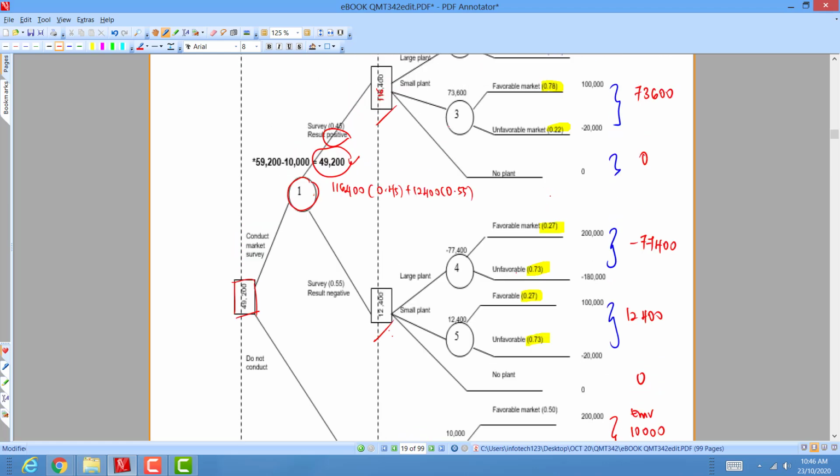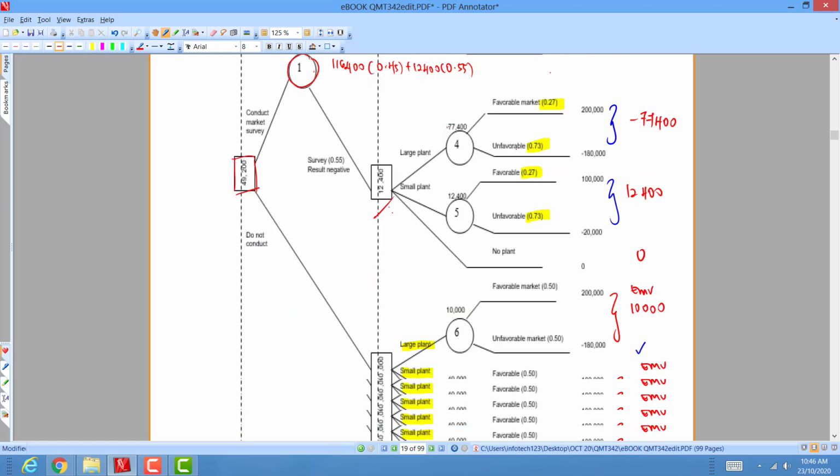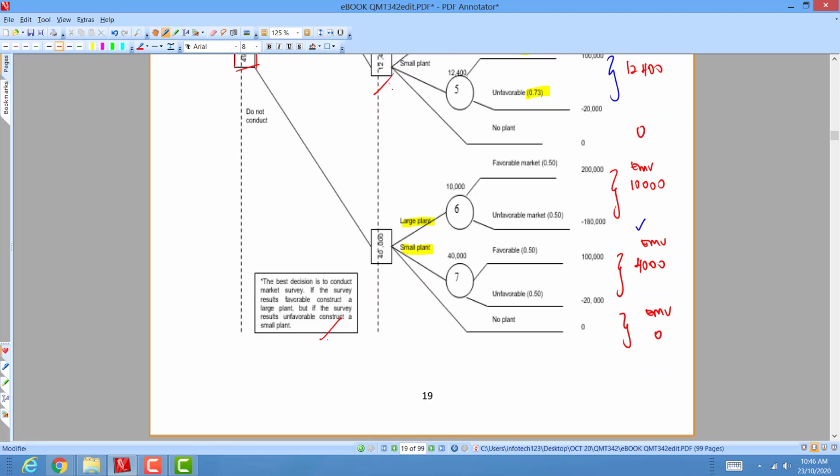So it is profitable when you conduct a market survey. The best decision here is conducting a market survey. If the survey result is positive, we construct a large plant.